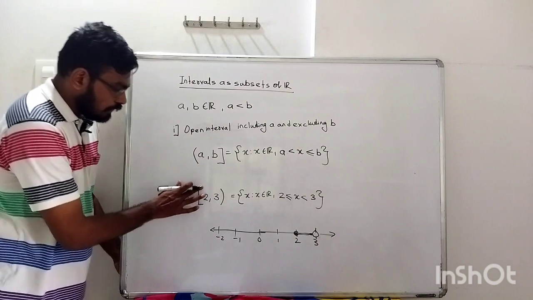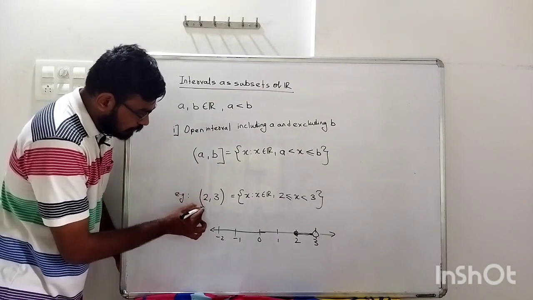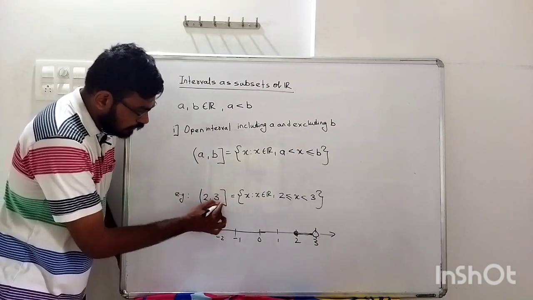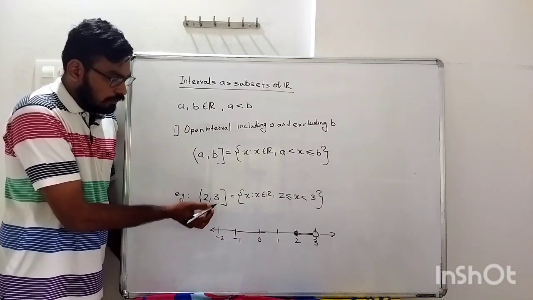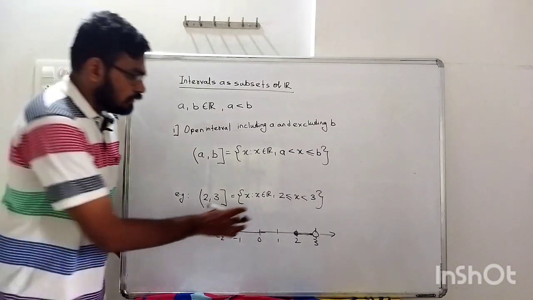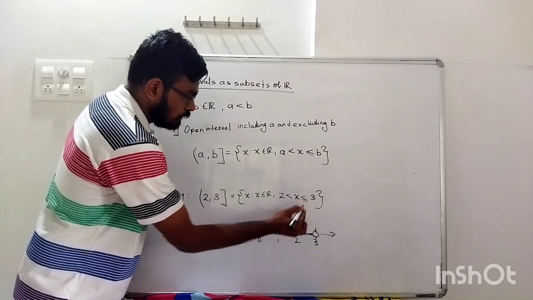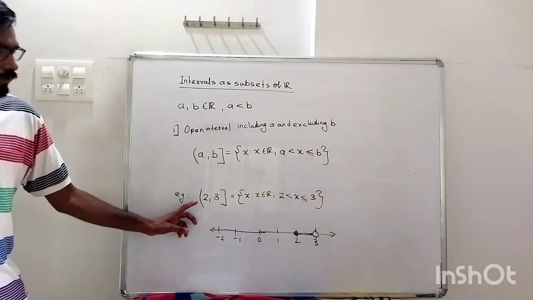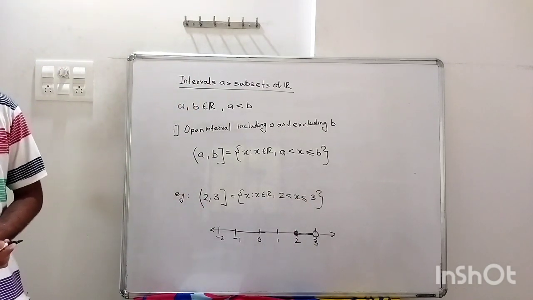Okay, that means what? If I take the example 2 and 3, then this 2 will not belong now and 3 will belong. Understood? So it will become like this. This 2 is not belonging, but 3 is belonging now.